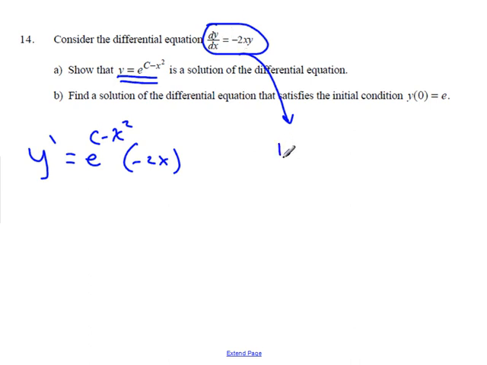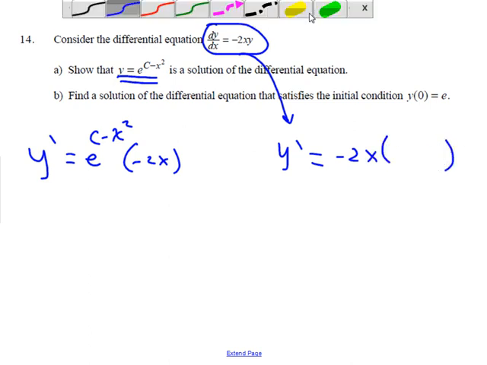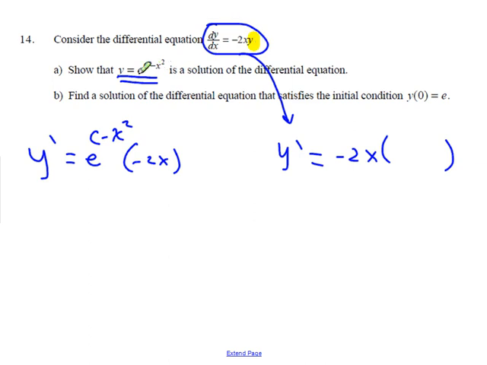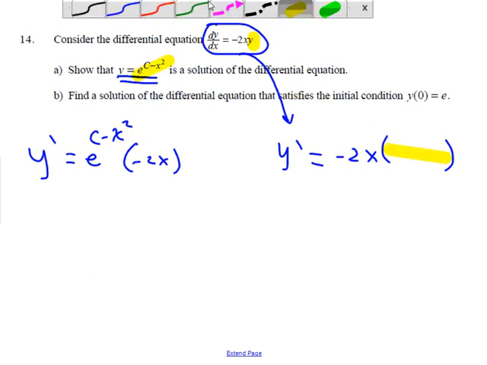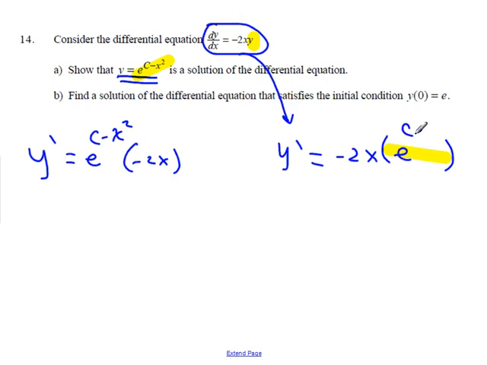So we have y prime equals -2x times y, where this is my y value. So plugging that in, we have e to the c minus x squared. And these are exactly the same thing. So it's a solution.